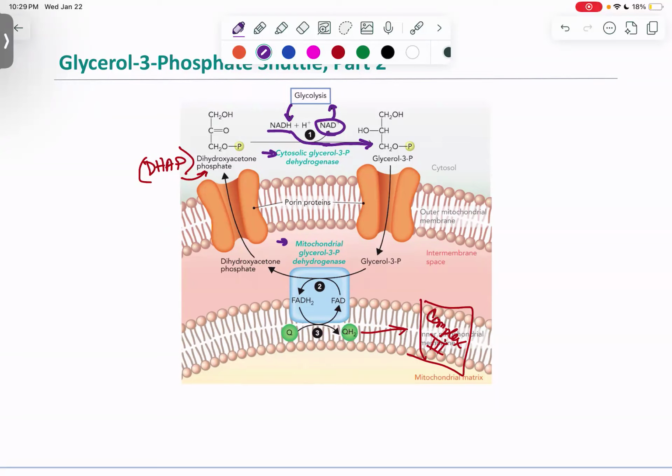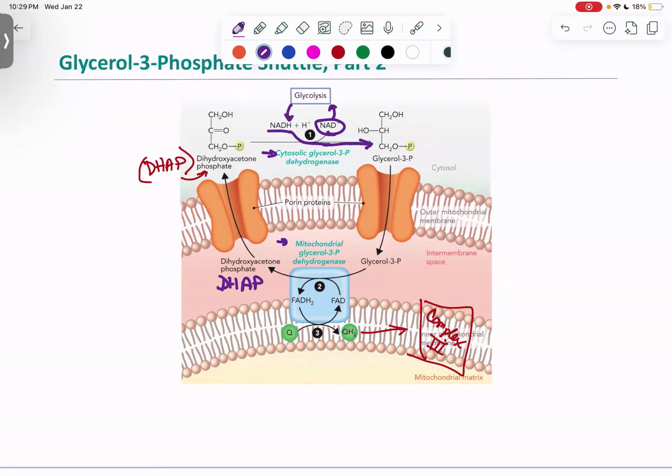That glycerol 3-phosphate is going to be transported directly into that intermembrane space. Once it's in the intermembrane space, now we have this mitochondrial enzyme that will convert it into dihydroxyacetone phosphate, DHAP.